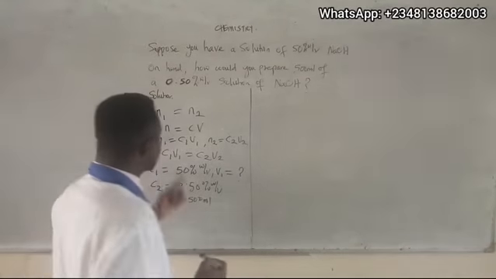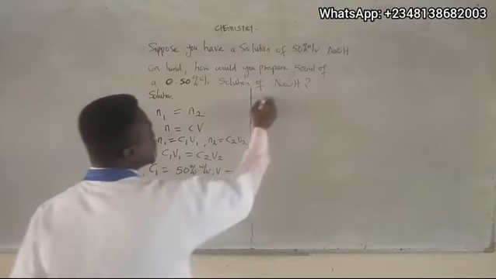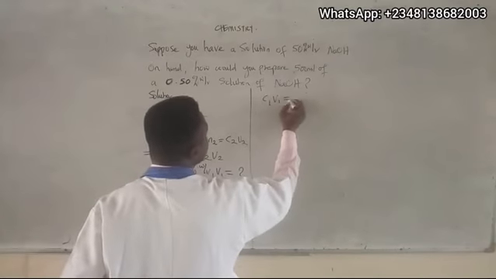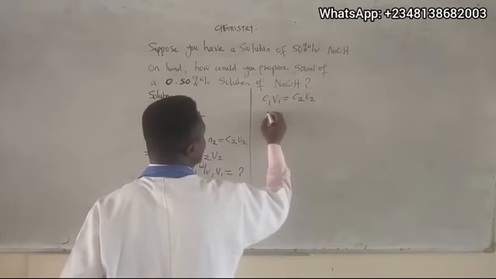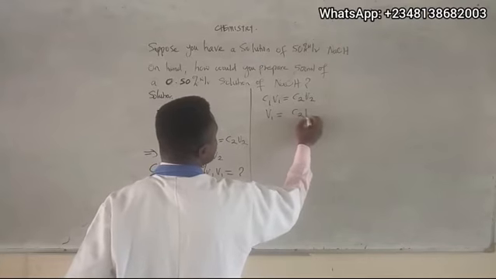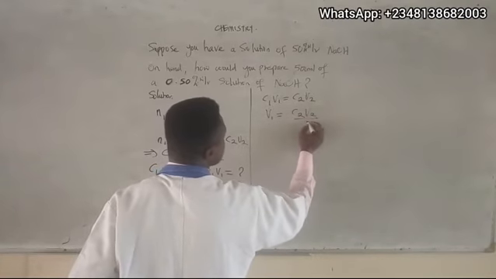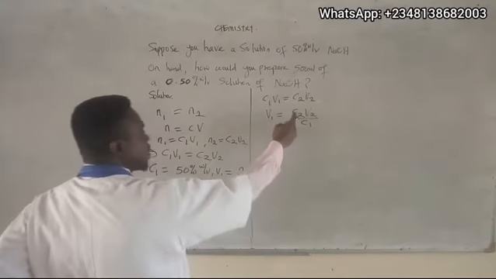So with this, we can find our V1. From the relationship C1V1 is equal to C2V2, let's make V1 the subject of the formula. V1 is equal to C2V2 all over C1.